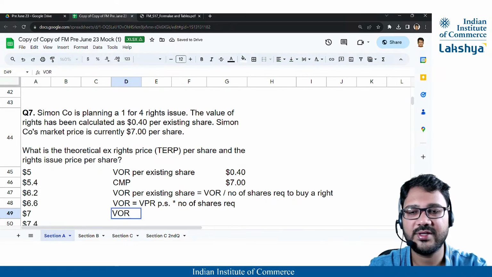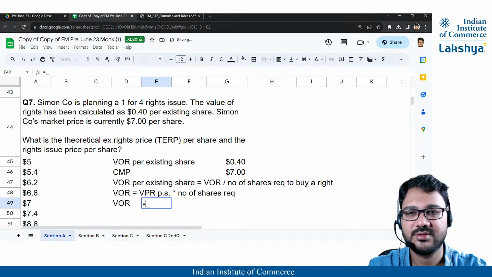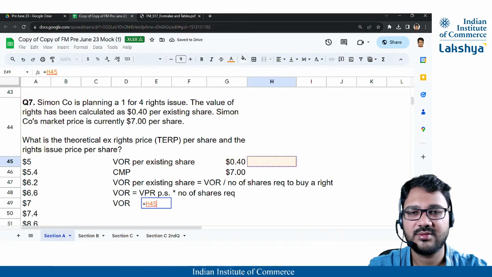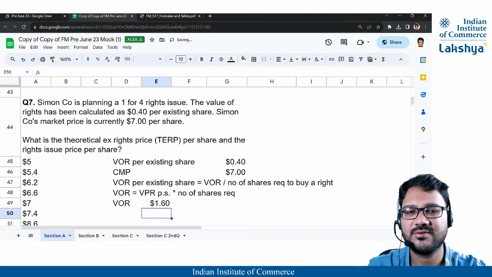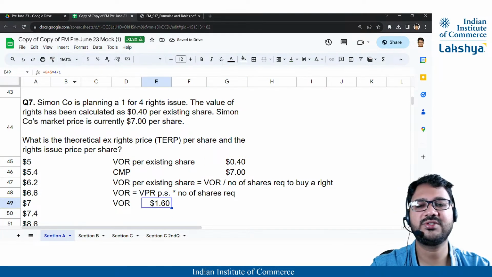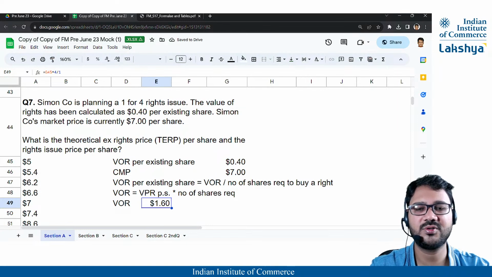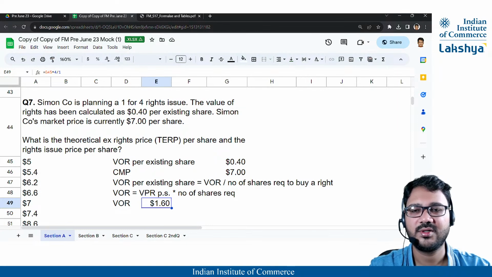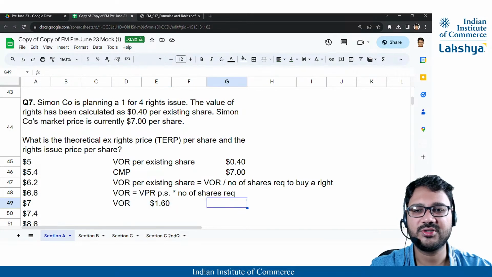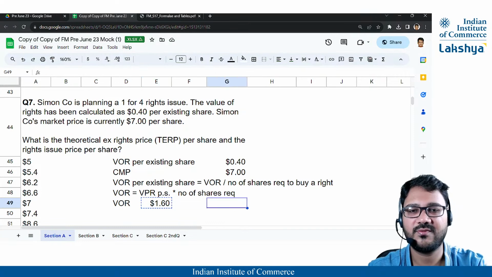So value of a right will be this into 4 by 1, because 4 shares are required for every 1 right. So actually this is 1 by 4. But yes, the value of a right is $1.6. So these are all the information we have.